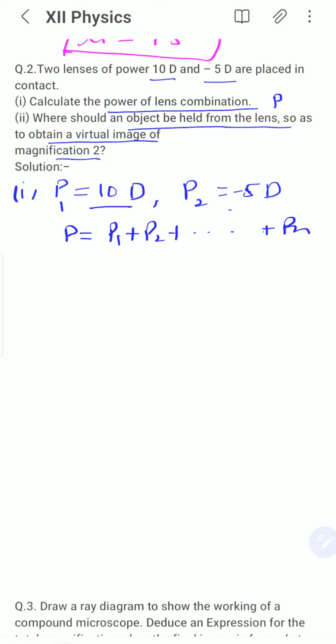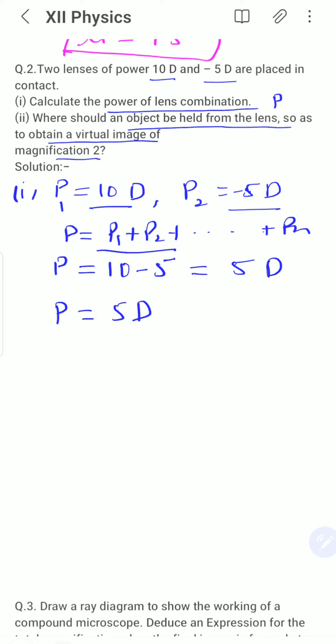Here we have only two lenses, so we can straight away add these values. So 10 minus 5, and after subtracting this we get P. So the resultant power is 5D. That is the answer of the first question, which asks for the combination power.